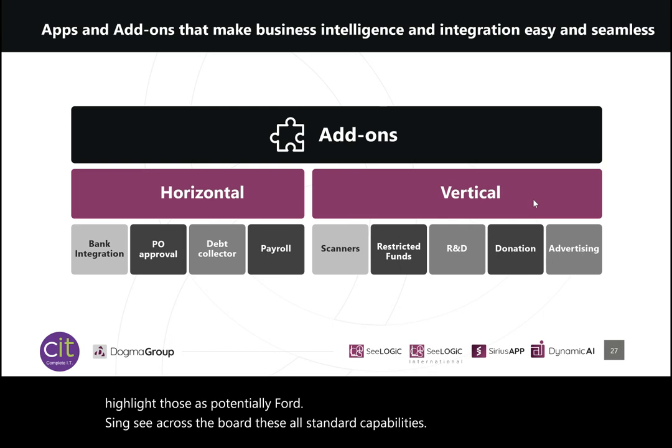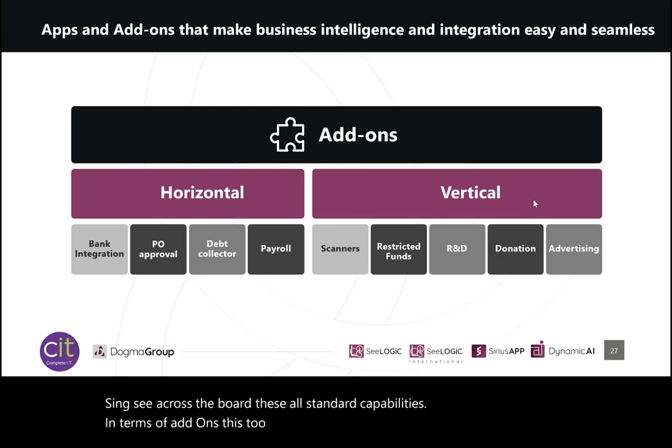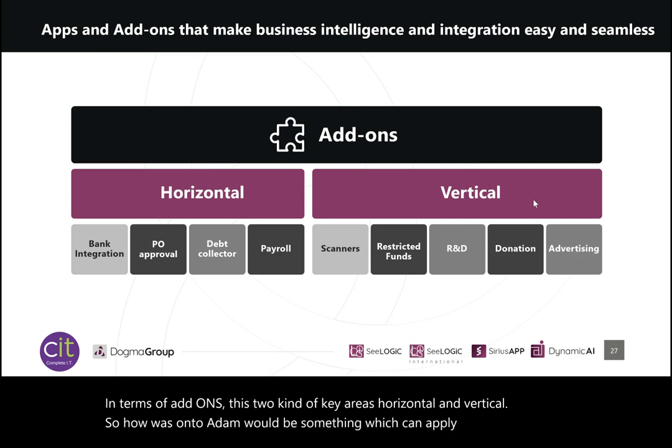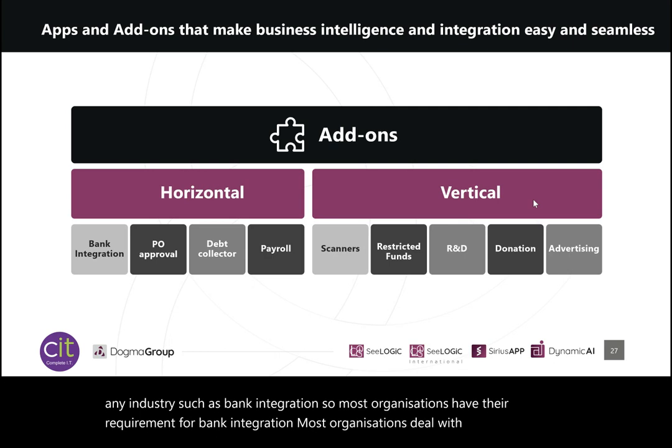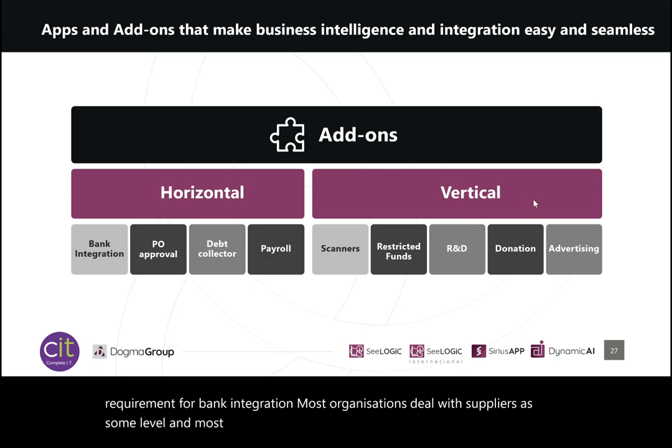In terms of add-ons, there's two key areas, horizontal and vertical. A horizontal add-on would be something which can apply to pretty much any industry, such as a bank integration. Most organizations have a requirement for bank integration. Most organizations deal with suppliers at some level, and most organizations want a PO, purchase order approval system, to enable approval before payments are made to suppliers.